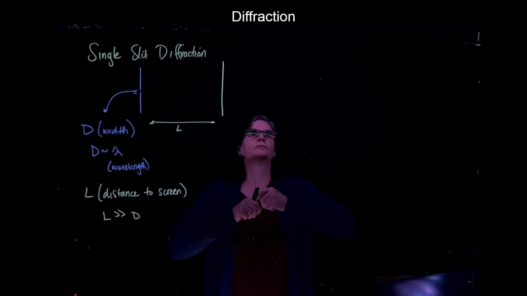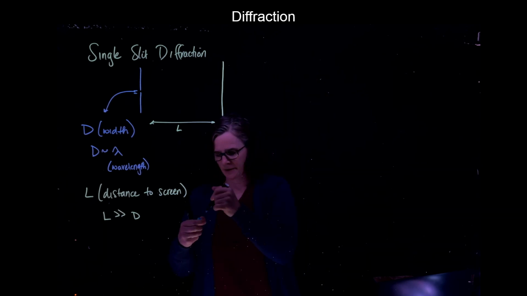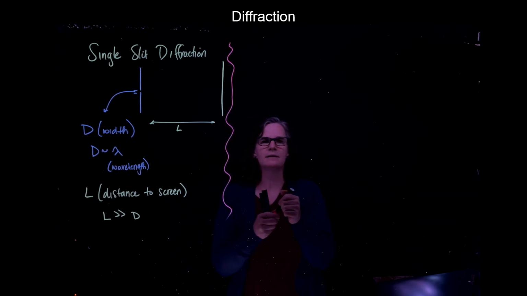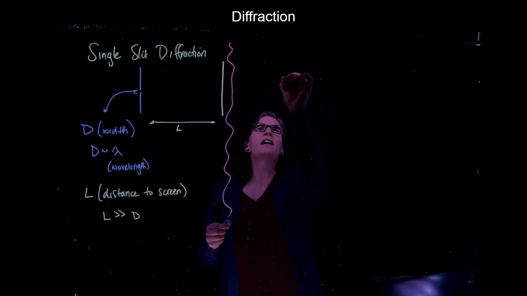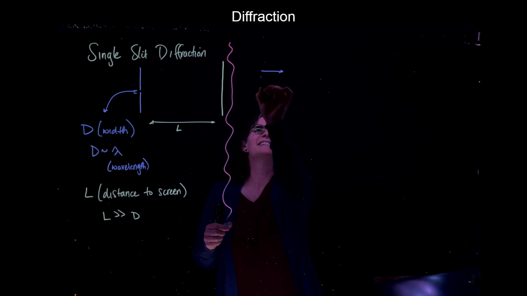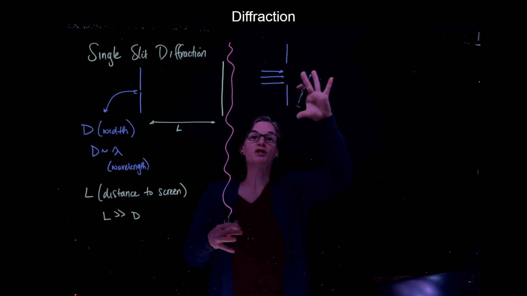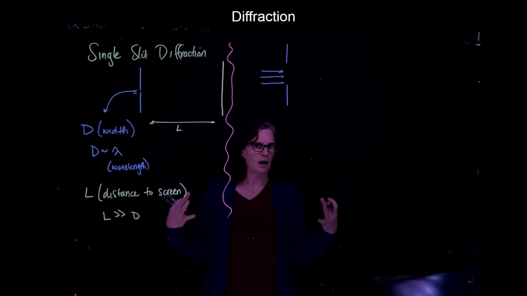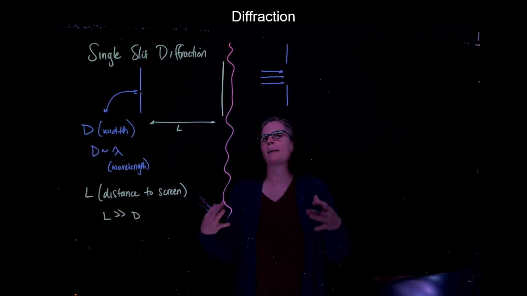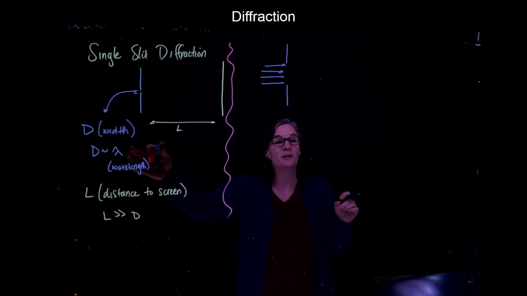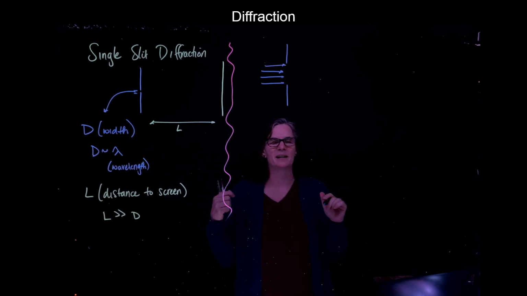So let's make a barrier here. I'm going to keep this information up for a bit. All right. So if I have parallel rays of light coming in to this slit. Now I'm making the slit much larger, just for our visual ability to see what's happening. Keep in mind, again, that this is very, very tiny and on the order of the wavelength of the light that's coming through.